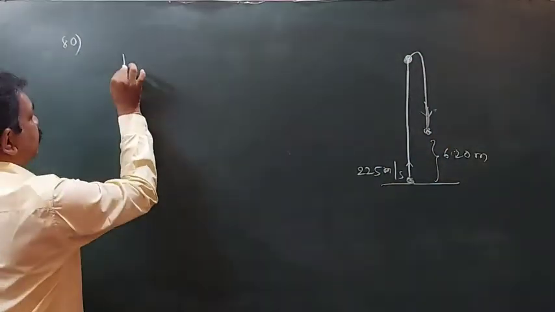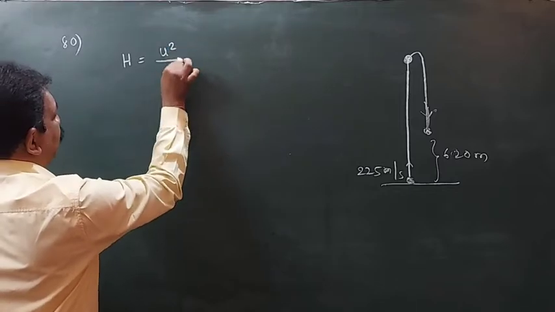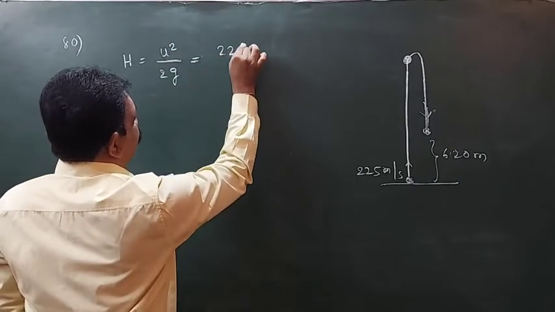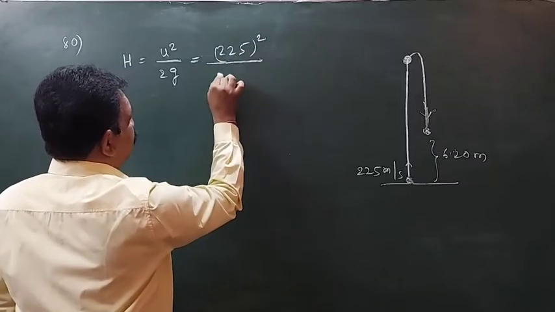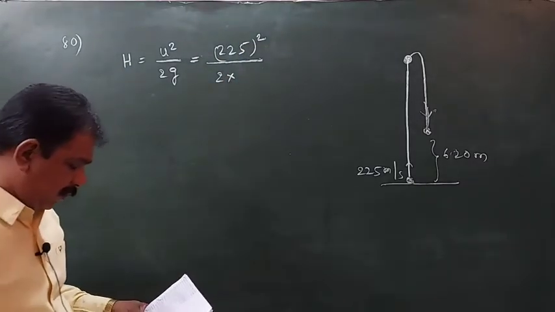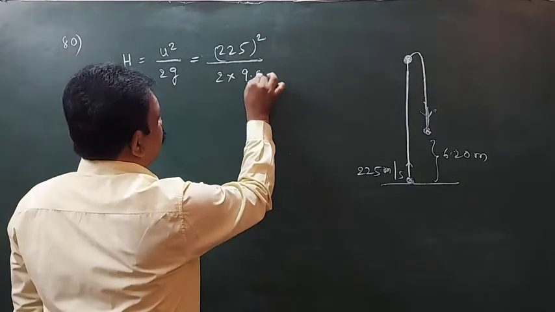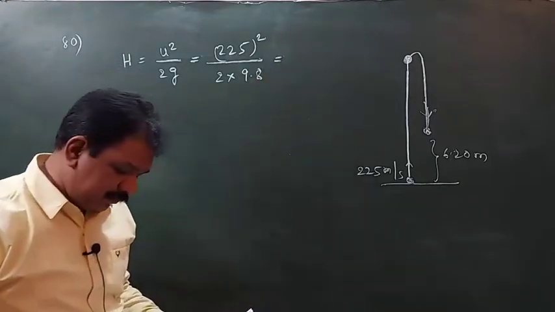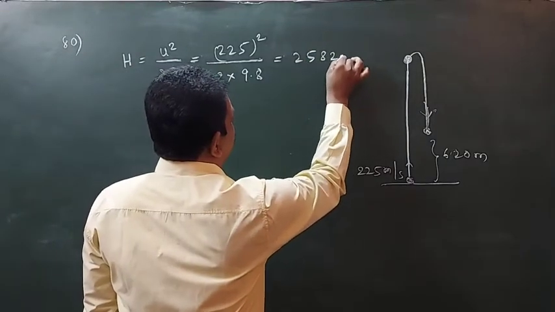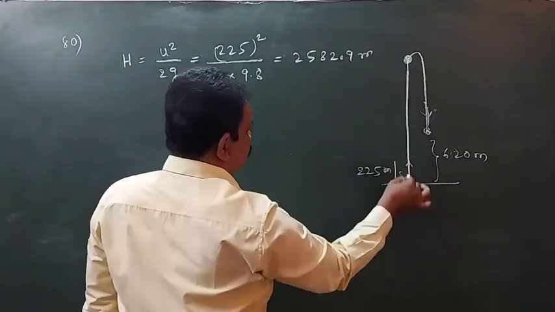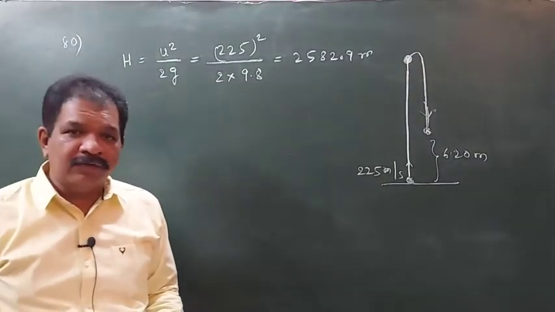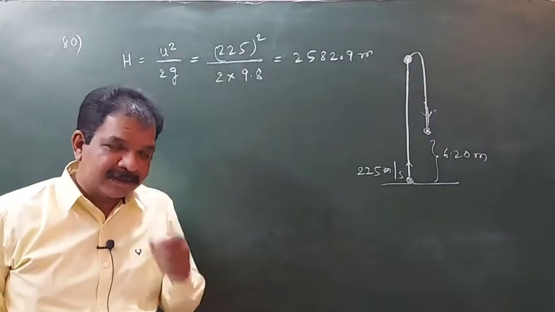That will be called the maximum height. The formula will be u square by 2g. 225 whole square by 2 into g value, we will take it as 9.8. If we calculate this value, this height will be 2582.9 meters.